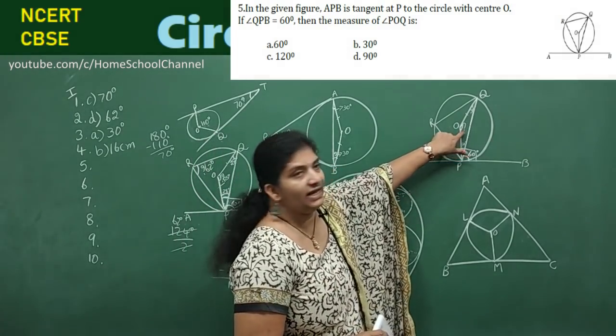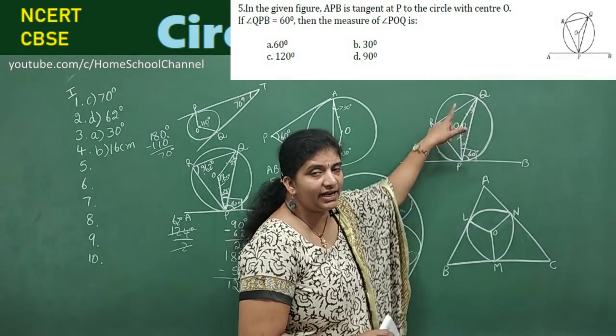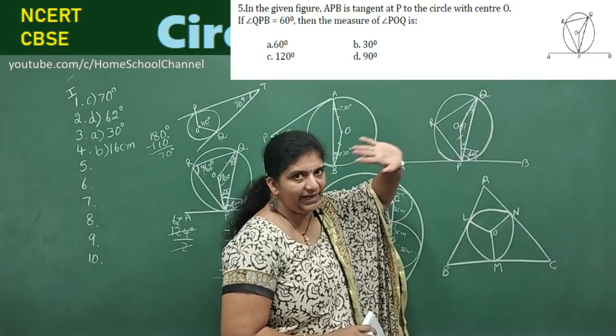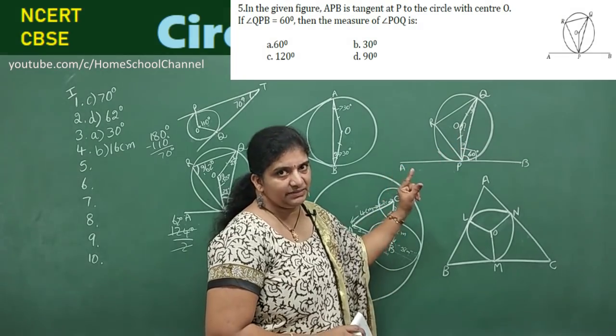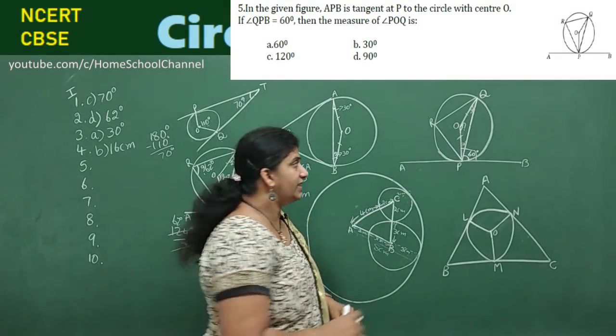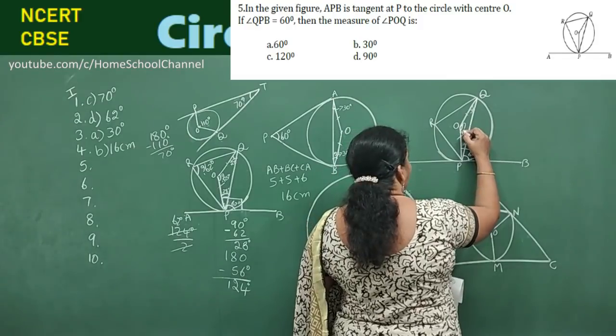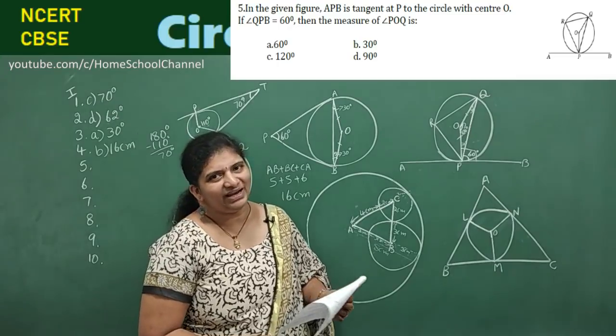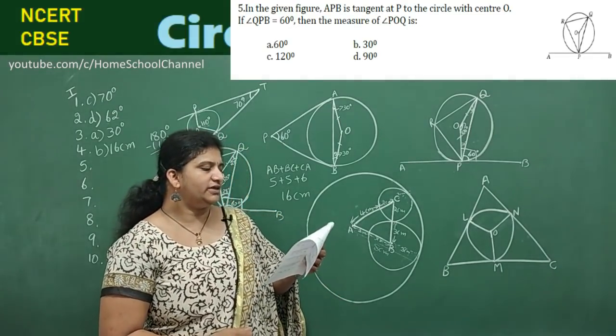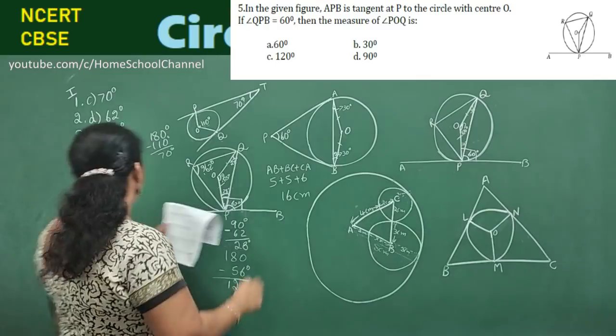For this triangle, observe carefully, the sum of the interior angles of a triangle will be 180. 30 plus 30 will be 60. 180 minus 60 will be 120 degrees. What is angle POQ? 120 degrees. Check for the option. It is option C.